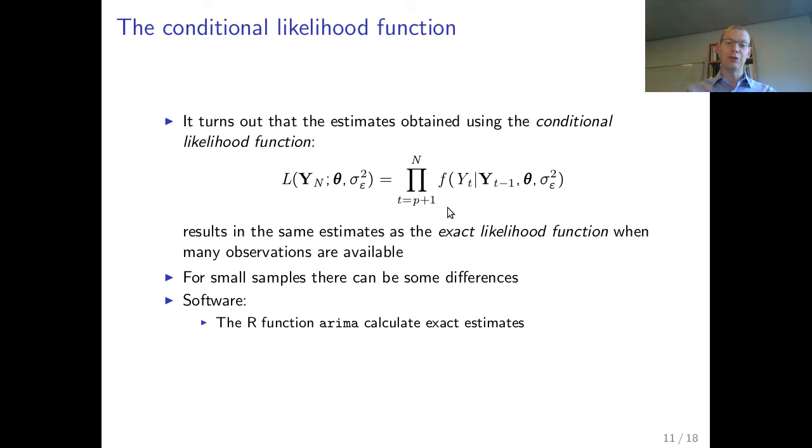When n is sufficiently large, we get very close to the exact likelihood. And of course, the smaller the sample, the larger the difference. The arima function in R actually does the exact thing, not the conditional one. But if you want to do things by hand, this is where you want to go.